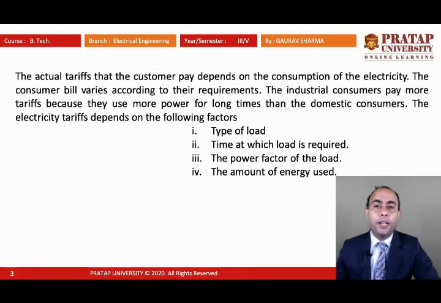In actual, the tariff the consumer pays depends on the consumption of the electricity. The electricity tariff depends upon the following factors. These are the types of load, time at which load is required, the power factor of the load and the amount of energy used.